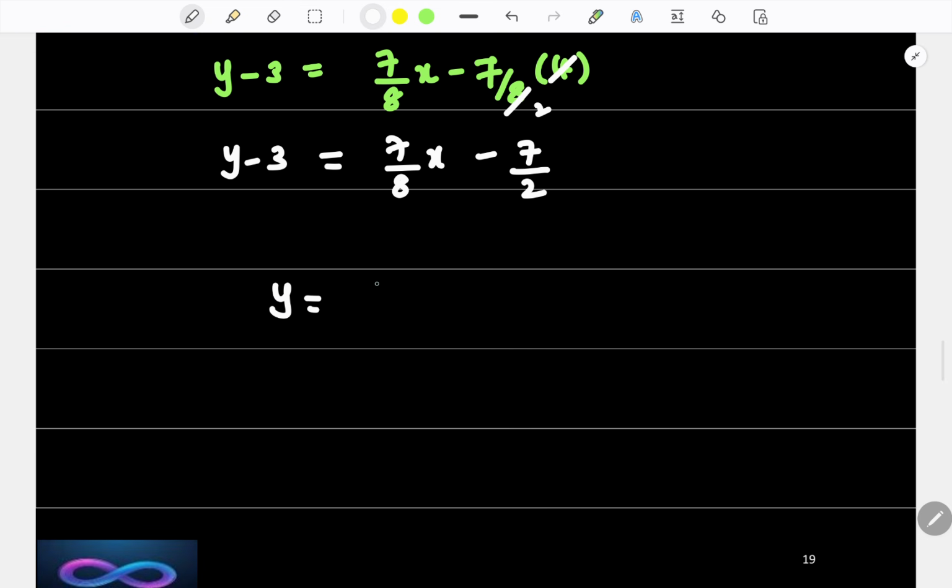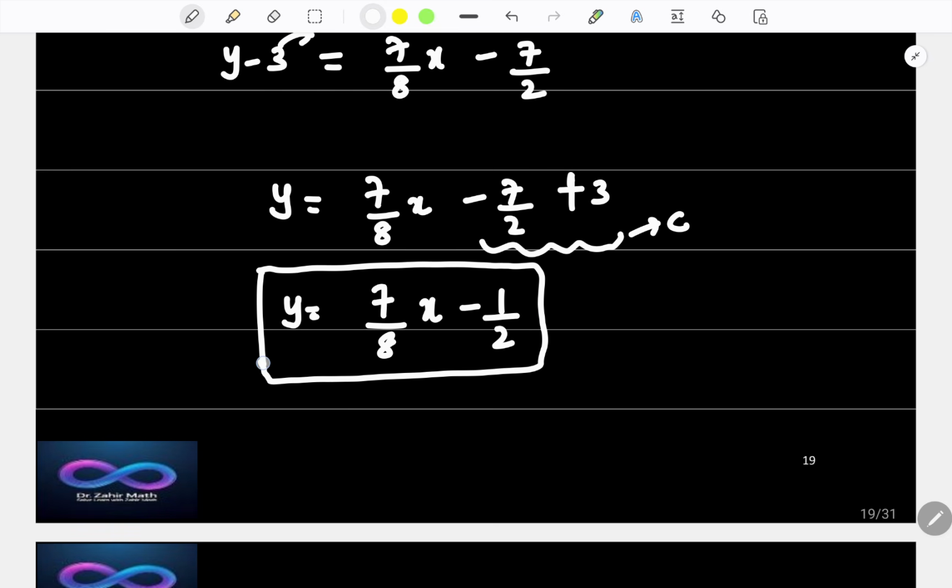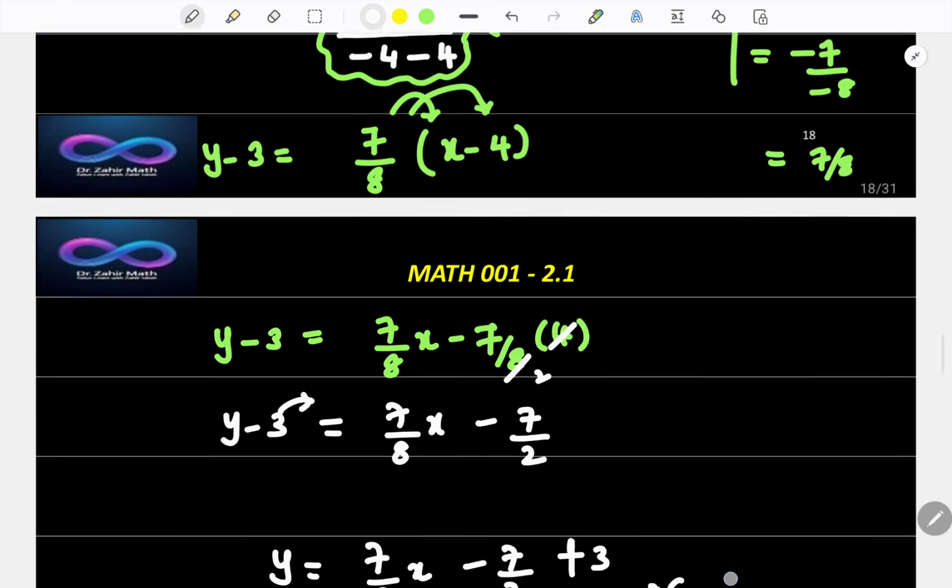So y equals 7 over 8x, this 3 I'm taking to that side, minus 7 over 2 and then it goes as plus 3. Just put this in the calculator. So y equals 7 over 8x and then negative half. From the calculator I got it. So this is your equation of the line passing through 2 points.